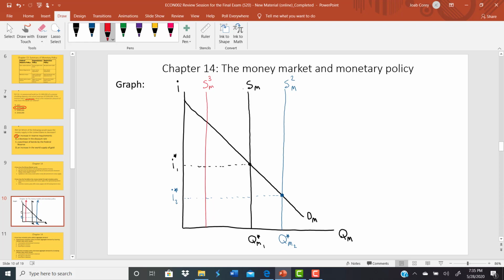And where that intersects the demand curve, that gives us a new equilibrium with a higher interest rate. And people are holding less money because the opportunity cost of holding money is a lot higher, given that they can make more money by putting it in their bank account. So that's how the Fed would increase interest rates, through using restrictive monetary policy. So make sure you're familiar with how monetary policy affects this money market, and the effect it's going to have on interest rates.